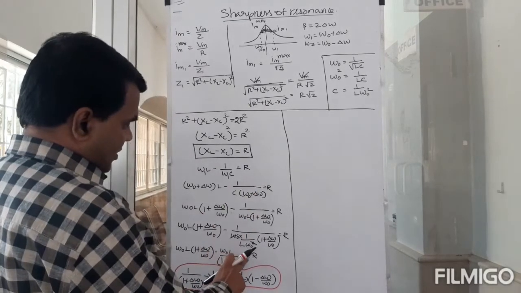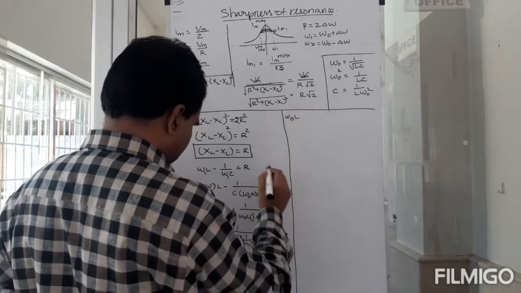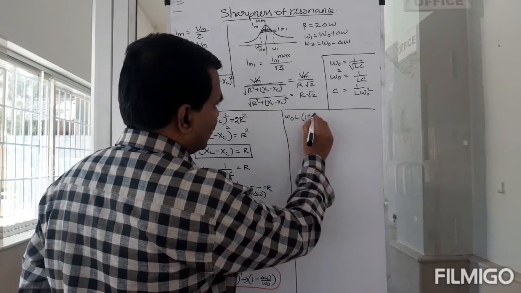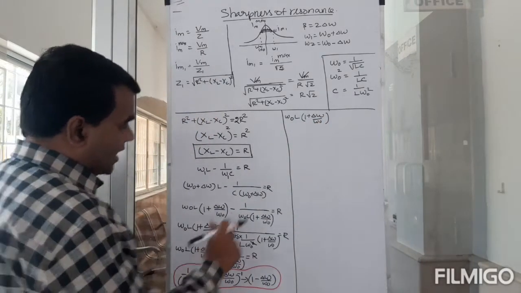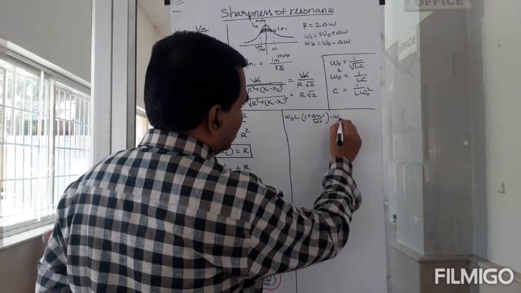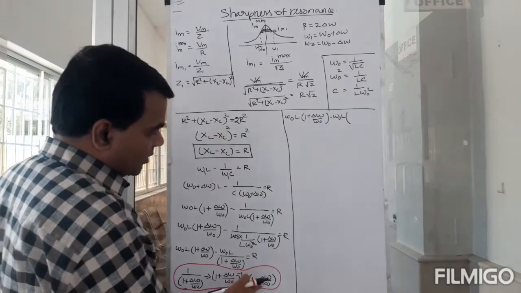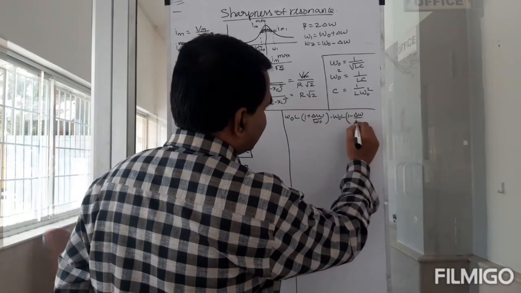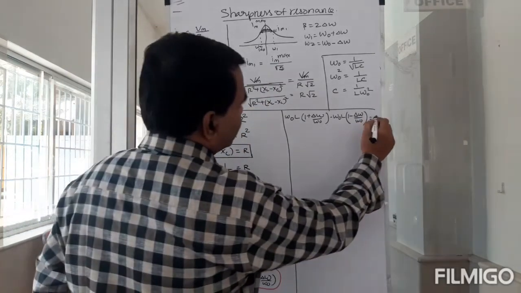This equation will become omega naught L into 1 plus delta omega by omega naught, then minus omega naught L into 1 minus delta omega by omega naught, and this must be equal to R.